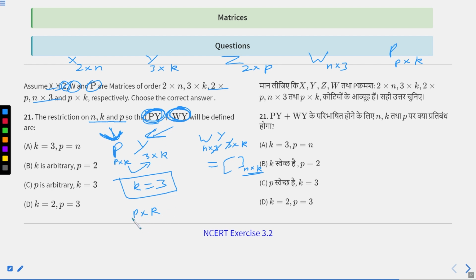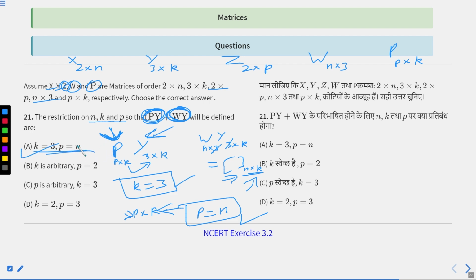So the number of rows must be the same and the number of columns must be the same. The number of columns are the same but the number of rows are not, so to get the same number of rows we want this condition. In total, we want p equals n and k equals 3. So k is equal to 3, p is equal to n, and option A will be correct.